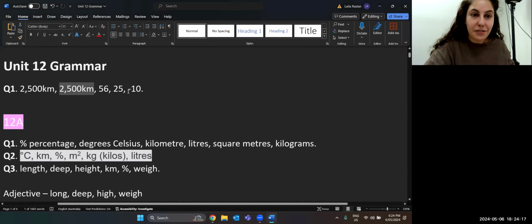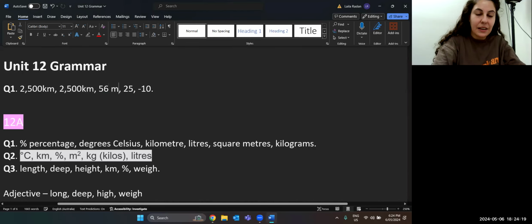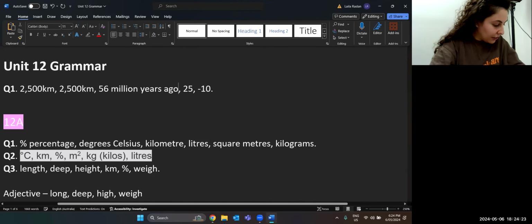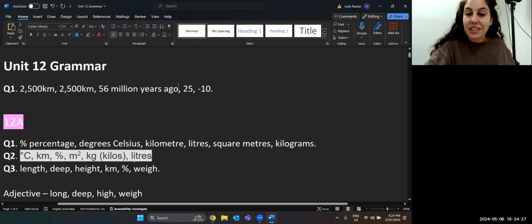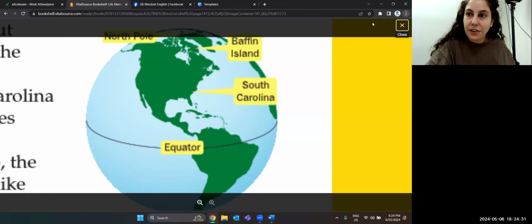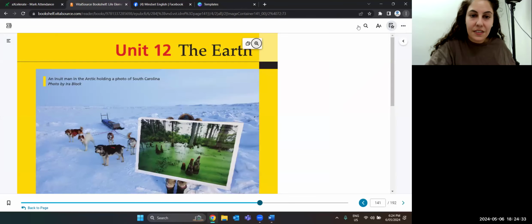And what happened? 56 million years ago, the Arctic probably looked like South Carolina. So remember in this photo, the Arctic probably, that means maybe, looked like this a long, long time ago, 56 million years ago.